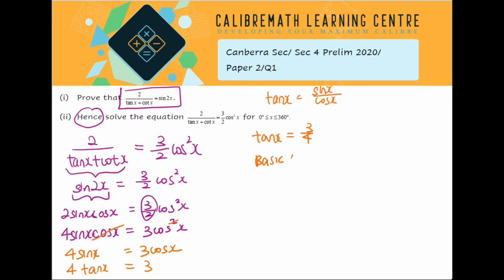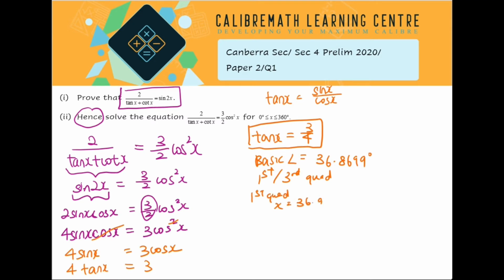And so you can find your basic angle to be 36.8699 degrees. And then since tangent x is positive 3/4, it will lie in the first and third quadrant. So you can go ahead to find the first quadrant, and the answer will be 36.9 to 1 dp.